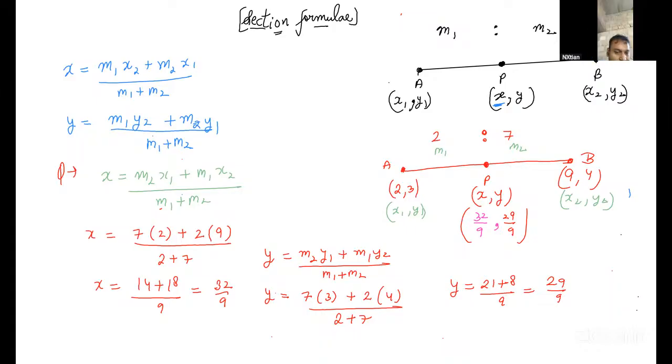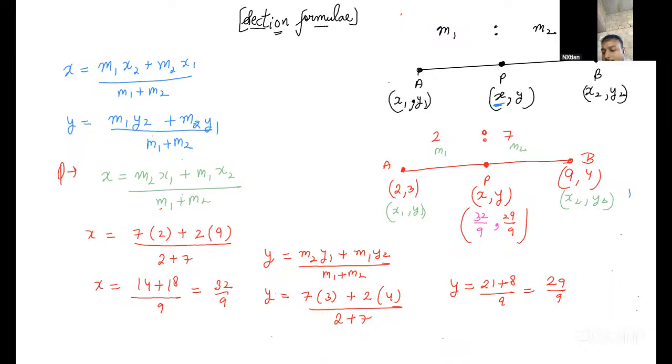Yes, Jashant. One doubt: how to put this into the graph? It's in the form of a fraction. Can you put it in the graph? Yes, it will go in decimal.